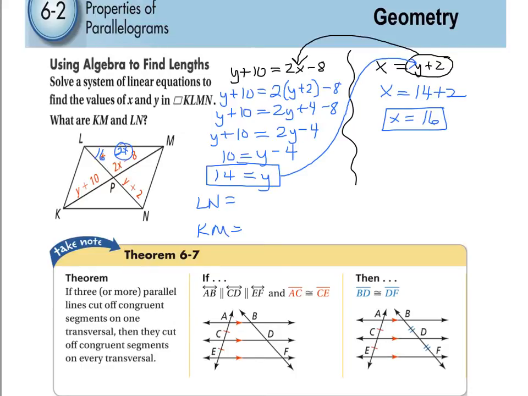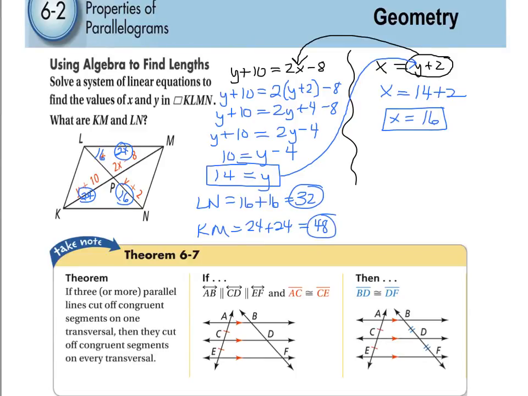So that length is 24. And if y is 14, 14 plus 10 is also 24, and this other length is 16. So LN is 16 plus 16, which is 32, and KM is 24 plus 24, which is 48.